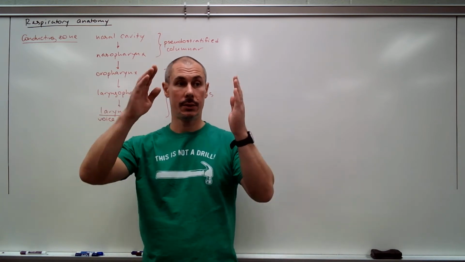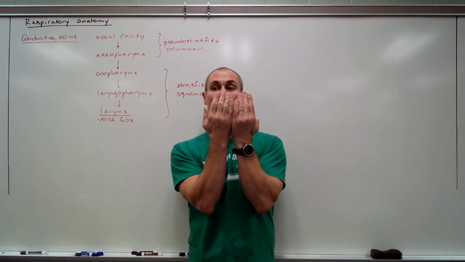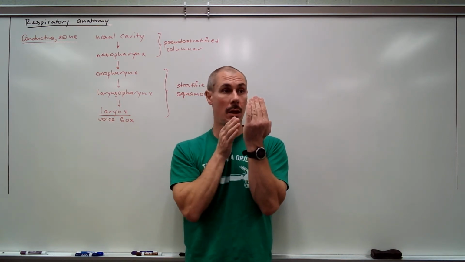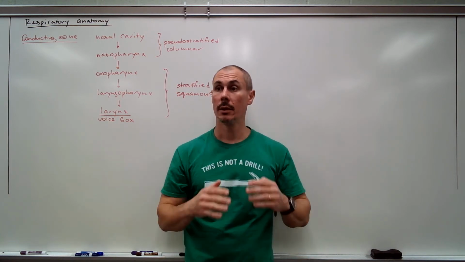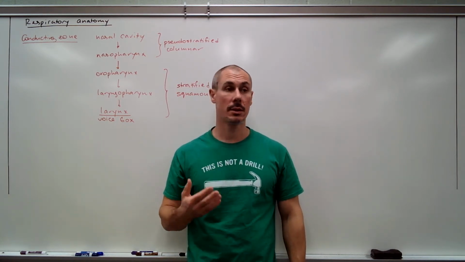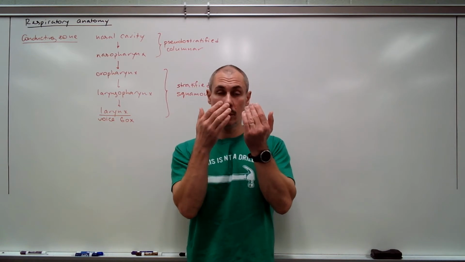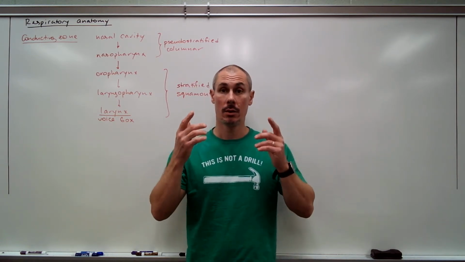Now look at my hands. Your vocal folds are positioned like this. When they open, air comes between them, and the vocal folds vibrate. This vibration creates sound, just like strings. Does that make sense? So that opening between the vocal folds is called the glottis.